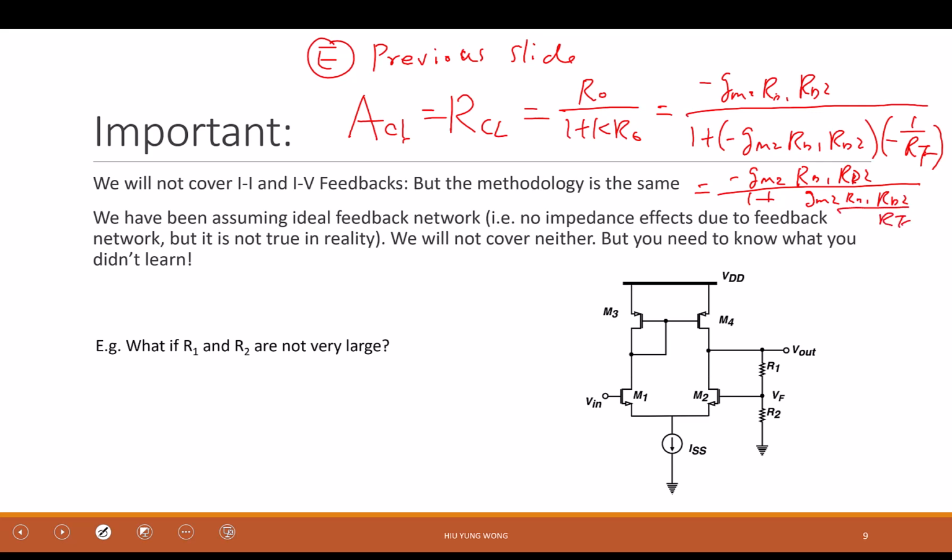Okay. What I'm doing is just combine them, that's it. The whole thing is still negative. It still works as what we want before, like a common source amplifier, right? But then the gain is reduced.